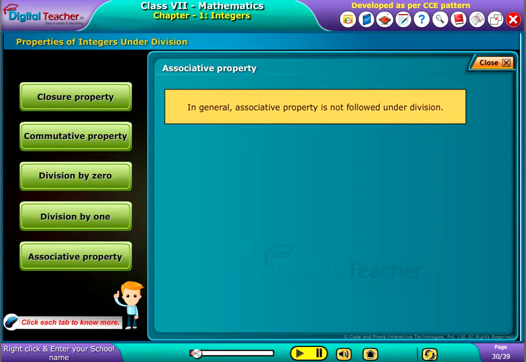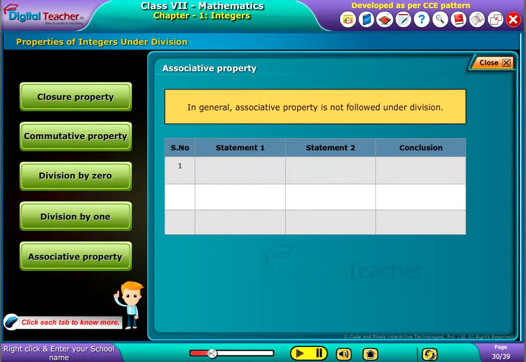Associative property. In general, associative property is not followed under division. Here, in the first example, initially divide 4 by 2. We get 2. Thus 8 by 2 is equal to 4. Similarly, in statement 2, initially divide 8 by 4.